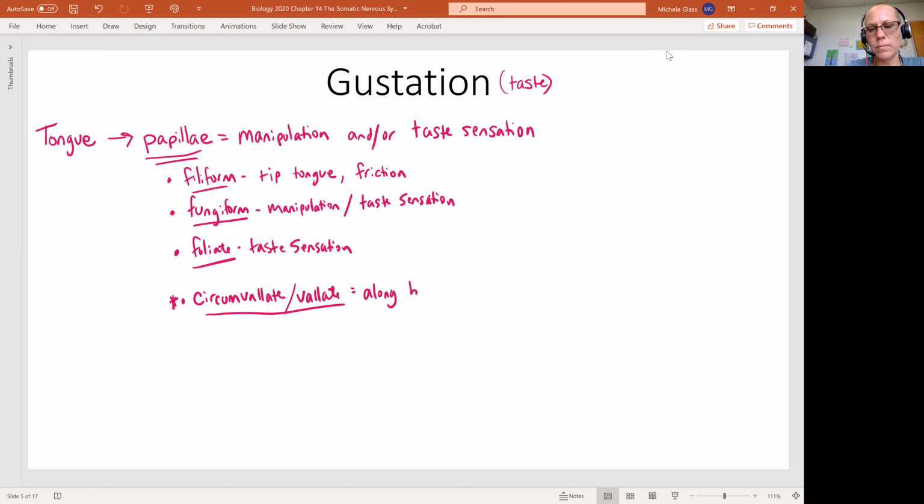Then when we talk about the taste bud, let's first list out the types of cells, and then we'll try to do a little drawing here. So we have 3 types of cells. We're going to get a basal cell, which is our stem cell. Now you should remember this from Anatomy and Physiology 2 or Part 1.